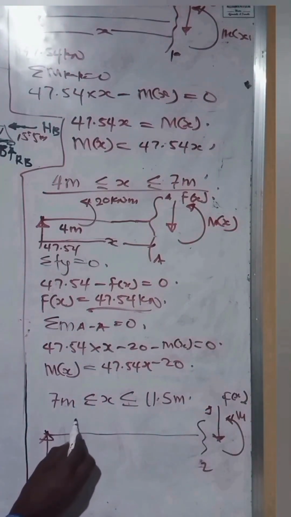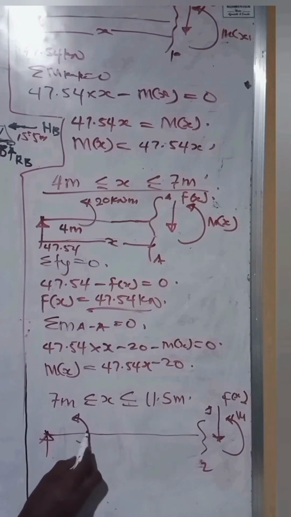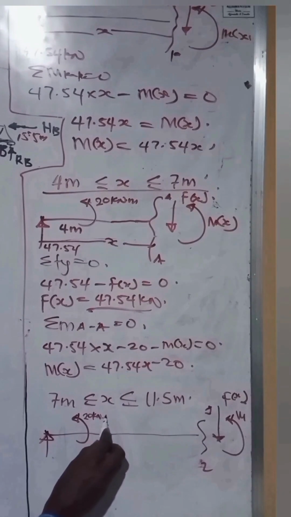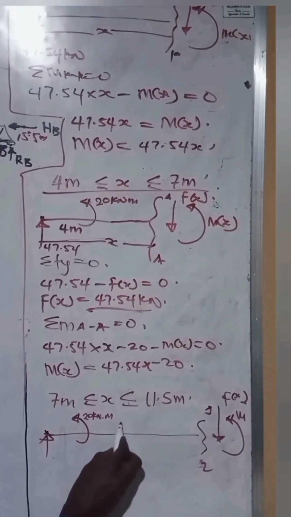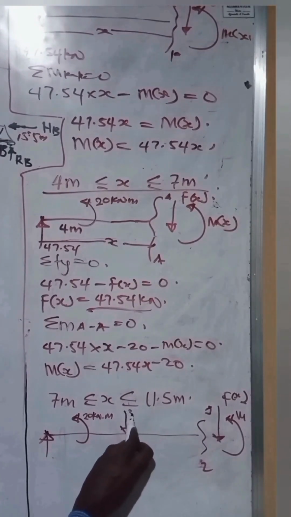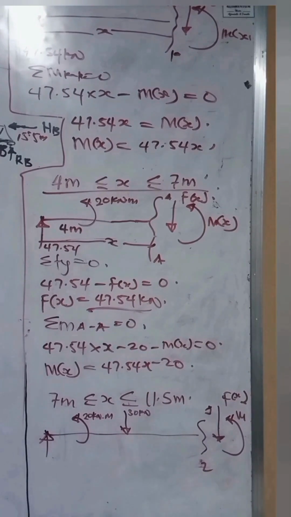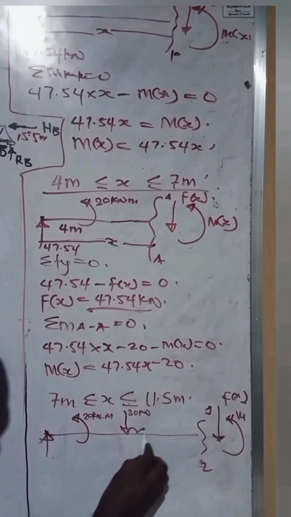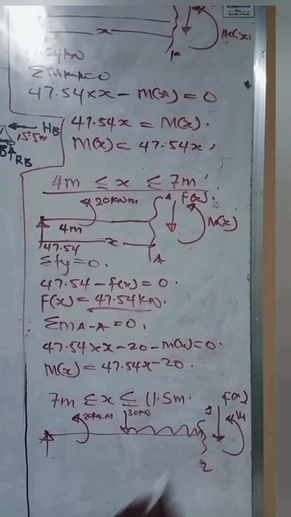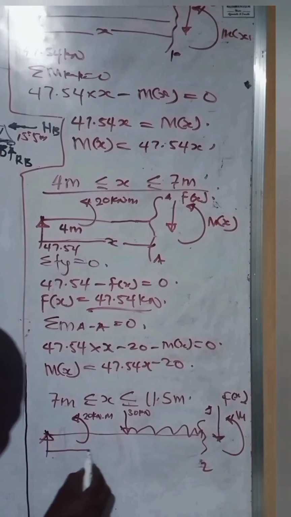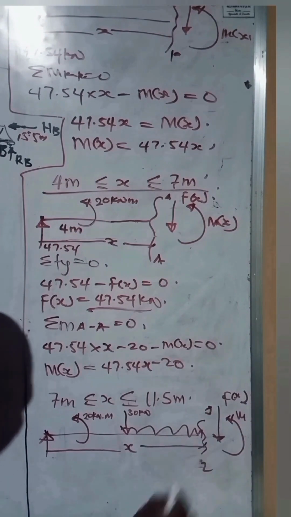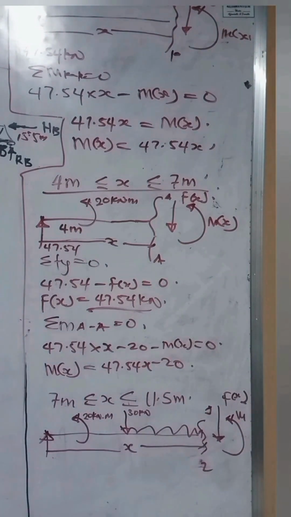We have an applied moment at this point, which is 20 kilonewton meters. We have a point load at this point, which is 30 kilonewton. We have a uniformly distributed load, which we've cut between, and from here to here we are taking it to be x. Okay, all right, so this is what we have.